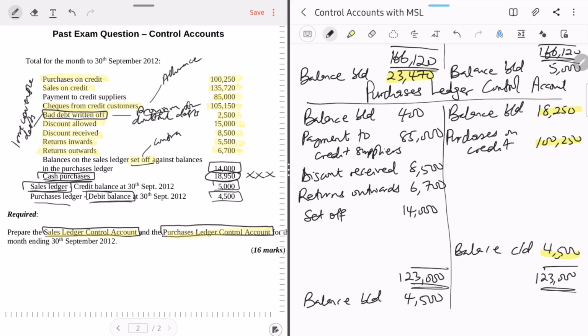Then what do I do? I come and add the balances on the credit side. I mean the debit side. All right, so let's add the balance on the debit side.